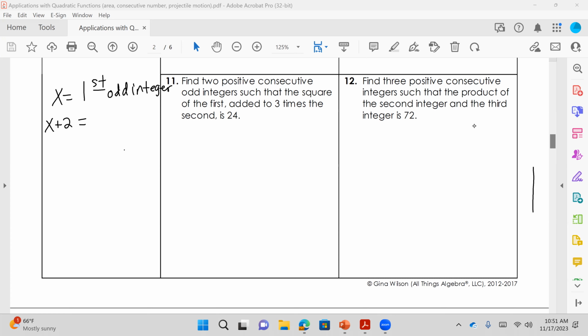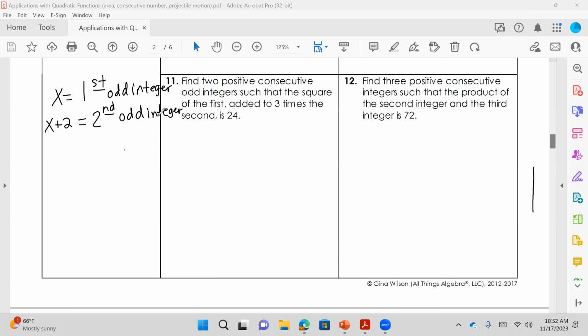If it's 11, the next one is 13. So it follows this format. You add 2 to get to the next odd integer. So I will let x represent the first number and x plus 2 represent the second number. Okay, so now let's go to the problem.